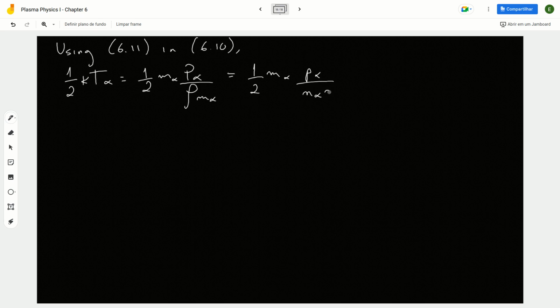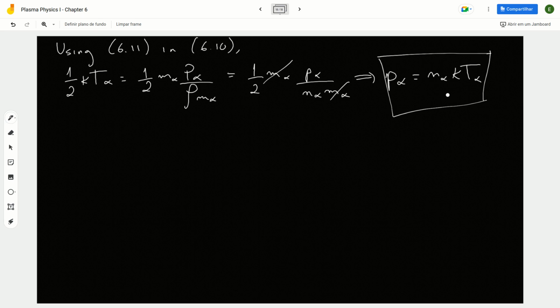And this is the mass density, right? So it gets like this. And we end up with this famous relation between pressure and temperature. This is the state equation for an ideal gas.